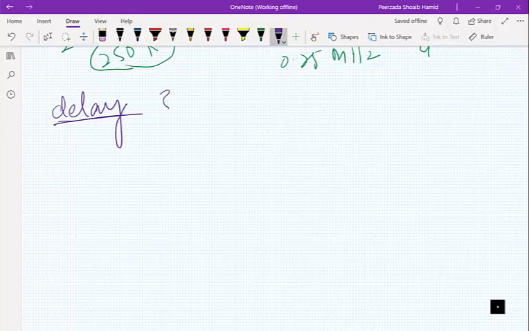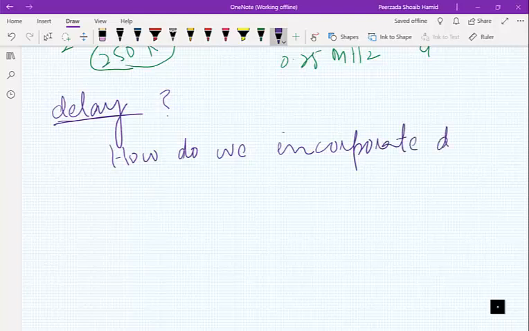Now the question is, how do we incorporate delays in assembly language programming? There are a couple of ways to incorporate delay. We can use timers. That's a very good method.